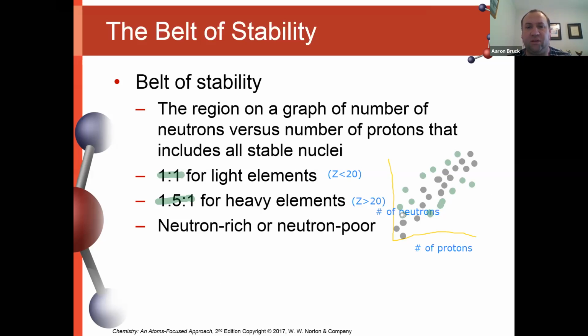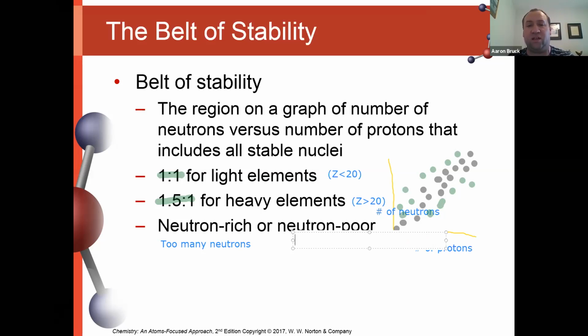Outside of the belt of stability, we can refer to isotopes as either being neutron rich or neutron poor. The neutron rich ones are the ones that have too many neutrons and are unstable because of that.